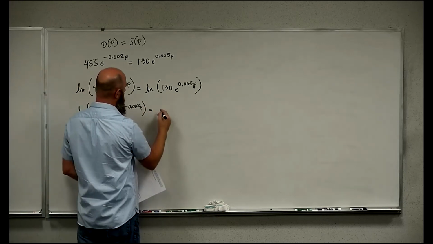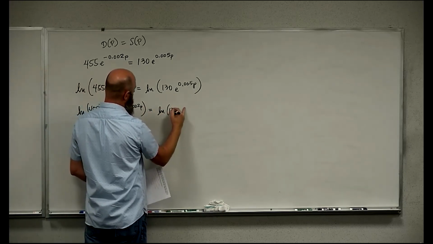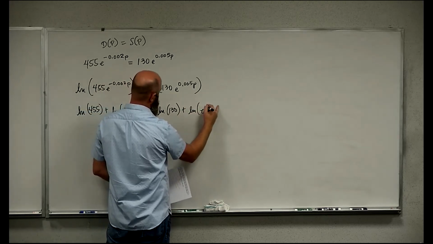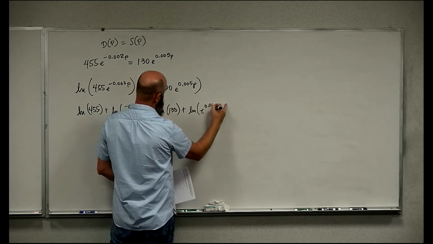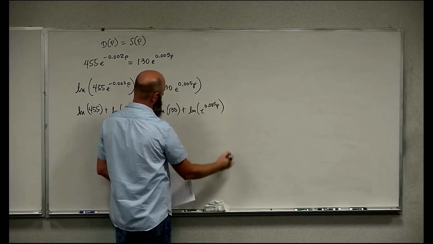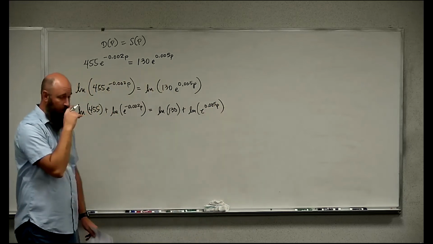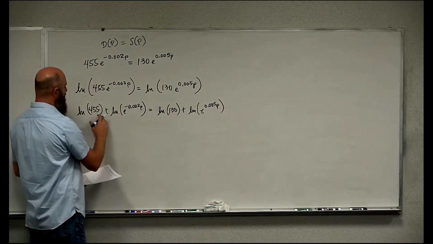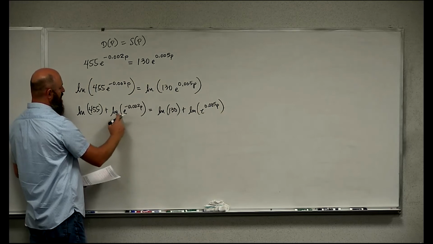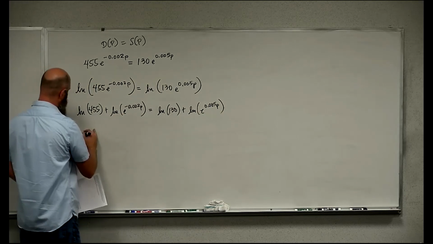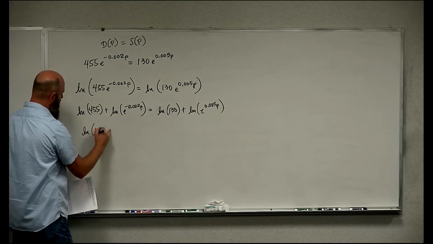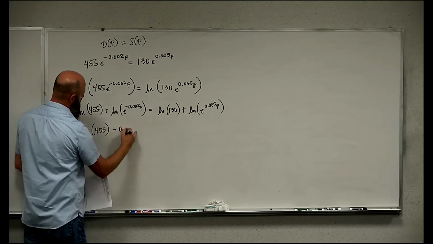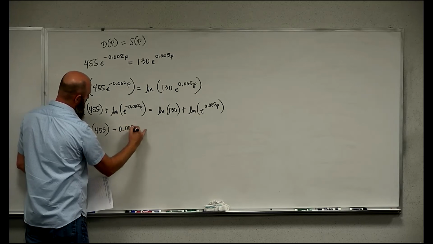I'm going to do the same thing here. So ln of 130 plus ln of e to the 0.005p. Okay. Now, why did I do that? Because I've broken this up, I have ln and e, so those things cancel each other out, leaving me with ln of 455 minus 0.002p.